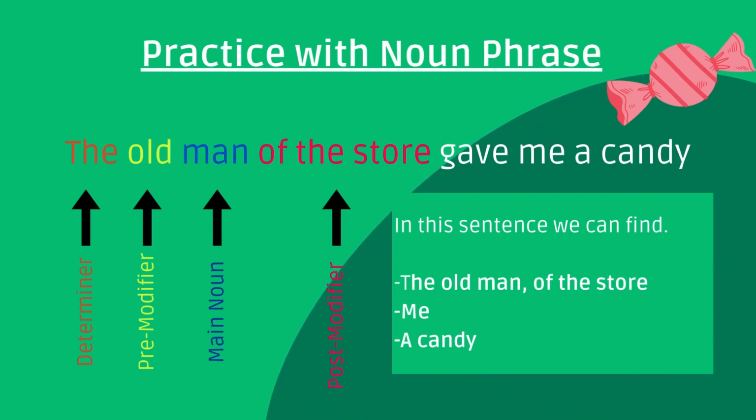Old is the pre-modifier, an adjective in this sentence. Man is the main noun because it's who we're talking about. Of the store is the post-modifier. In this sentence we can find the old man of the store, me and candy. All are noun phrases in this case.